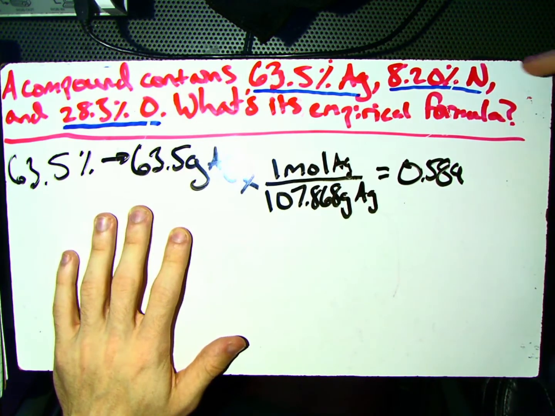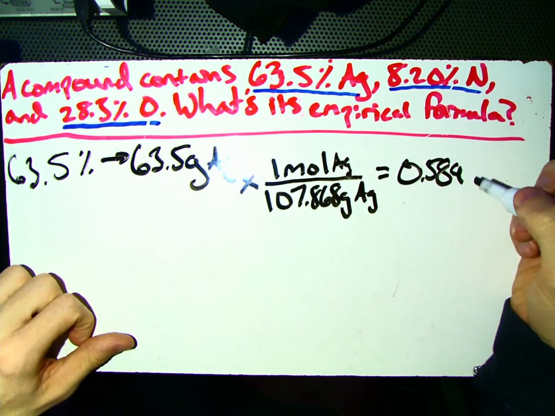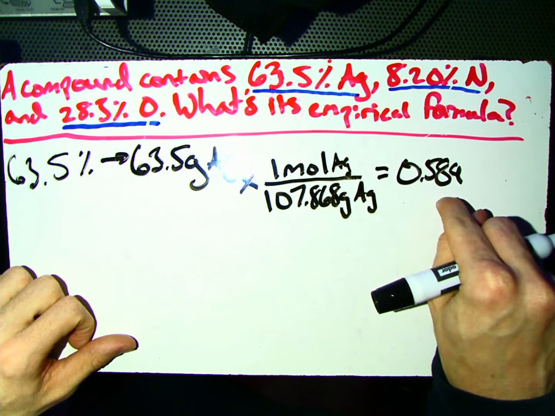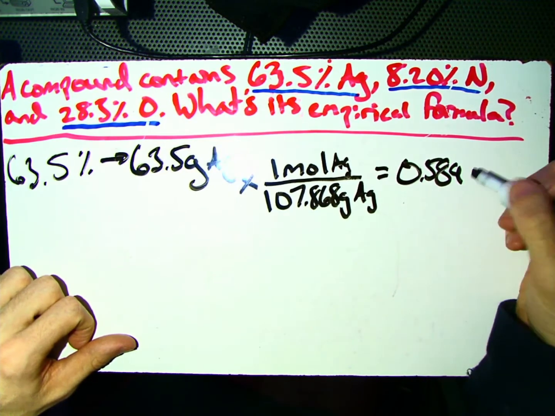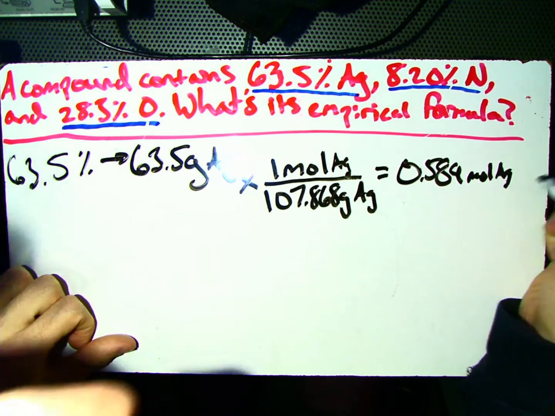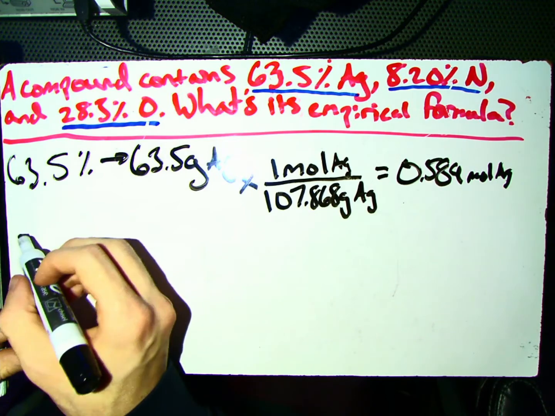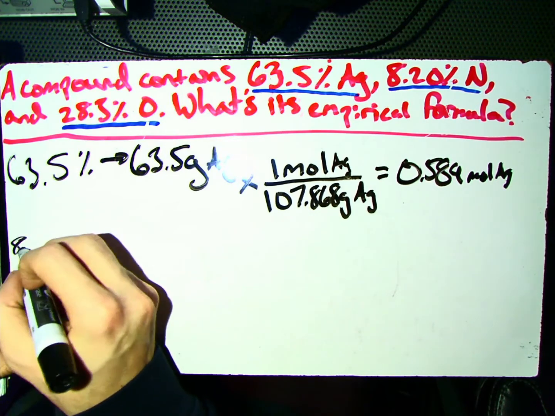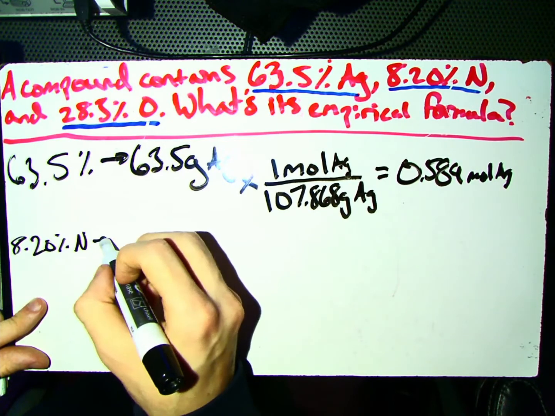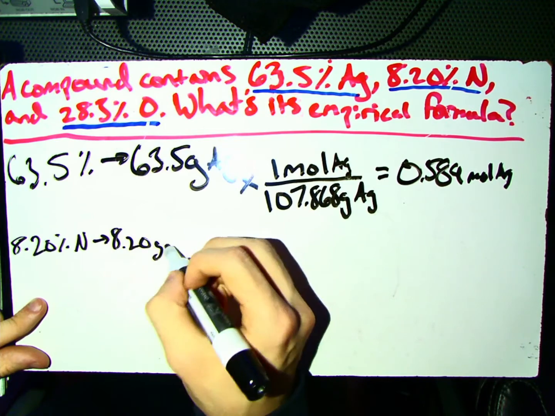Let's just go straight to nitrogen now, okay? I want to keep these in moles. So, let's work with nitrogen now. We have 8.20% nitrogen, and that's going to just be 8.20 grams of nitrogen.